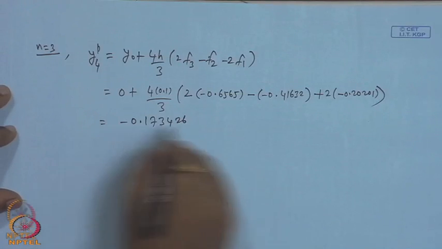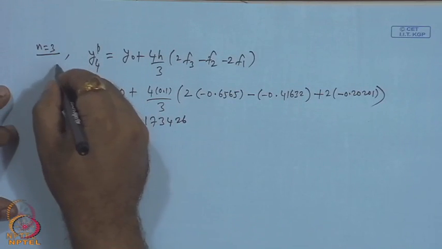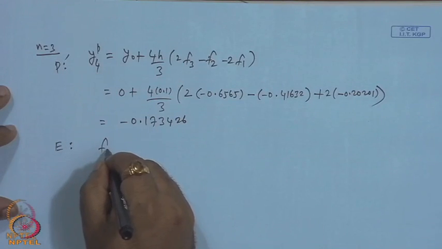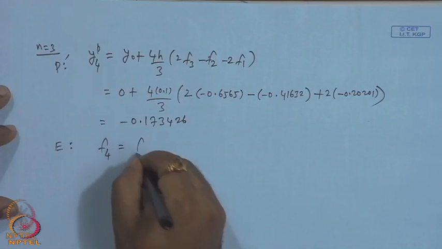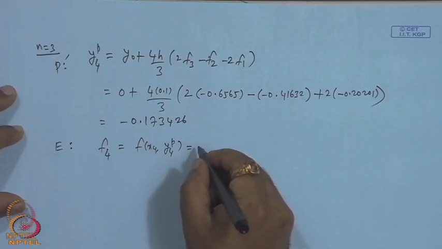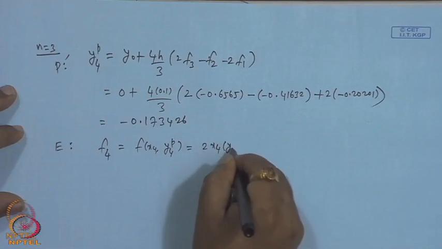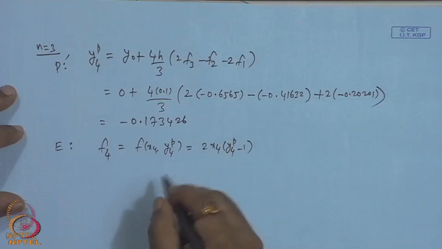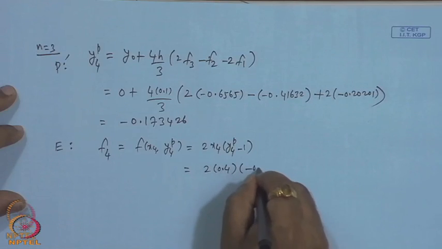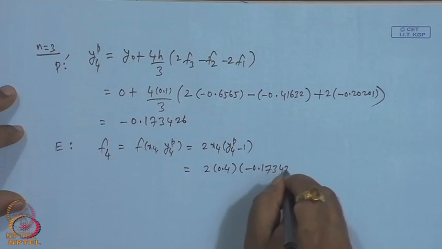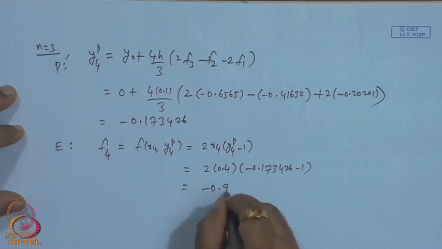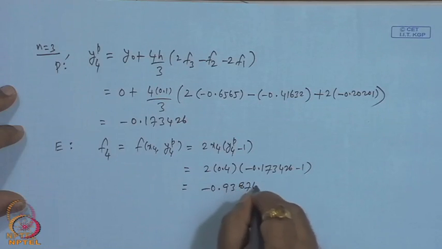So, now once we have predicted, so this is the P part. Now, we need the E part. What is E? We have to compute f4. So, f4.